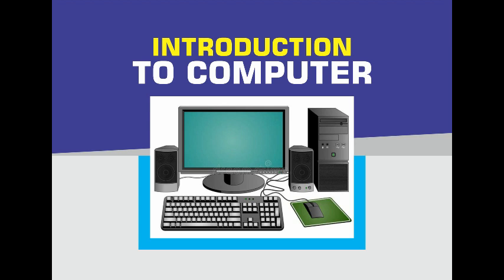And when we were considering the definition of a computer, it was said that after accepting the user input and processing it under the influence of a set of instructions referred to as a program, it now produces the desired output, generally referred to as information.